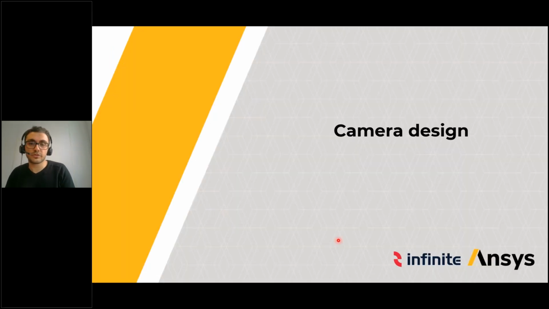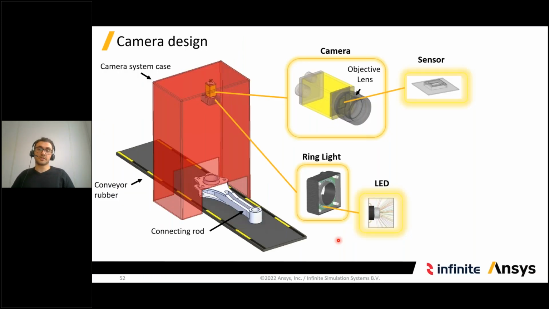So let us move on to the next example, which is the design of a camera. When people think about camera design, they mostly think about Zemax. But did you know that the other software can also contribute to the design of a camera? For example, let's say that we have a camera system on a conveyor belt in some factory.